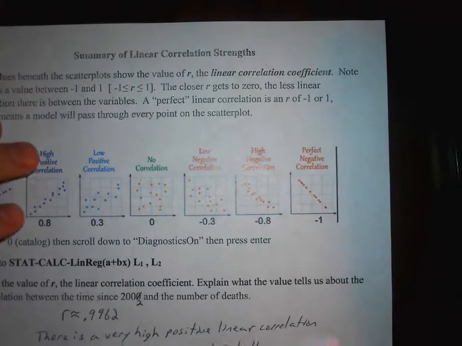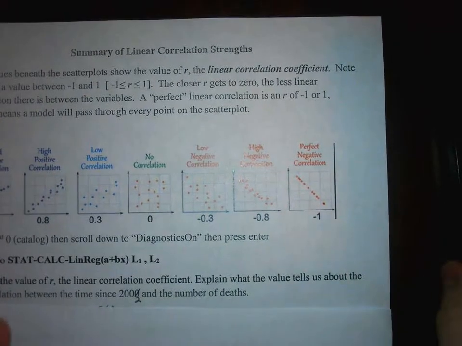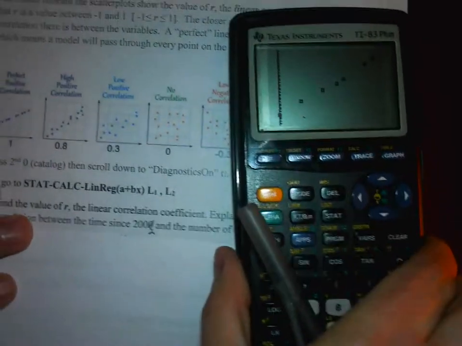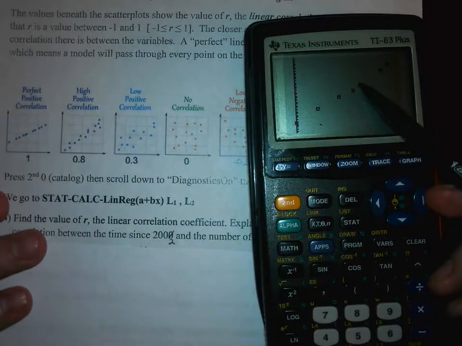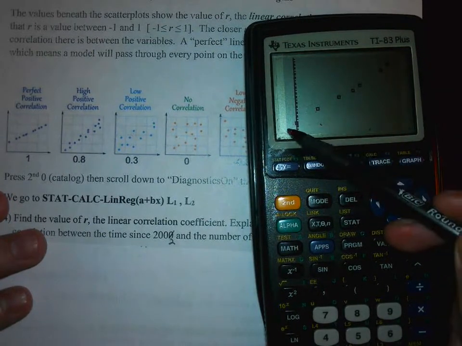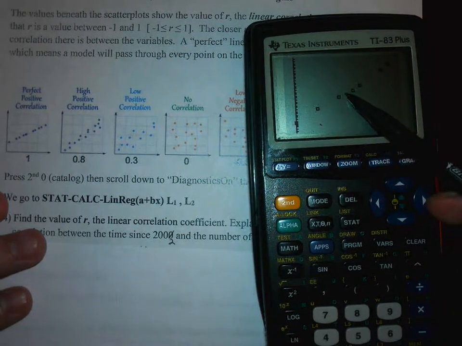Okay, the next thing we look at is the strength of correlation. Now we can see here that it looks like on ours, the points are very close to a line. If we can imagine a line being drawn here, those points are very close to the line.